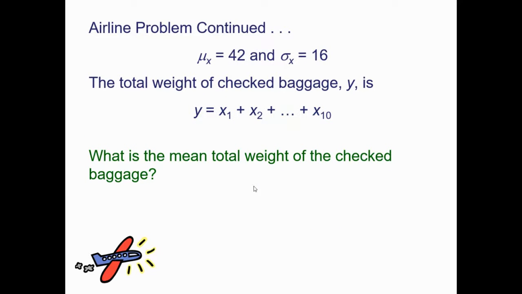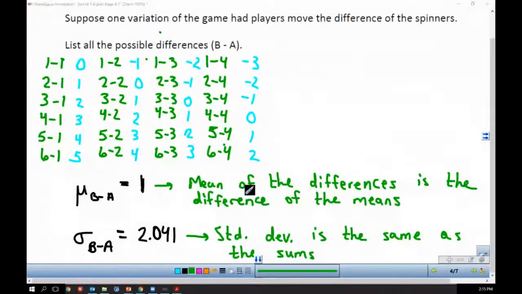So what's the mean total weight of the checked bags? Let me get my pad here. Let's think of this.